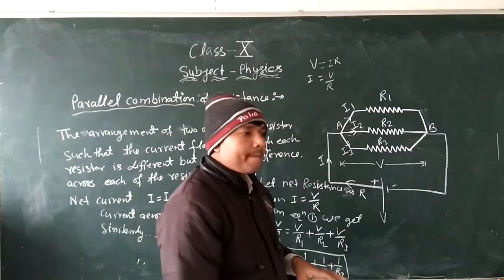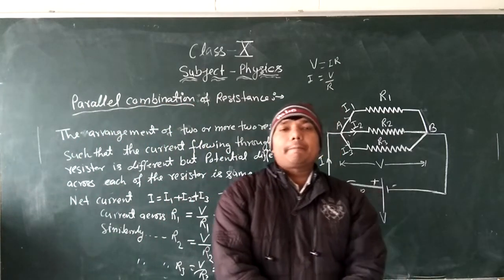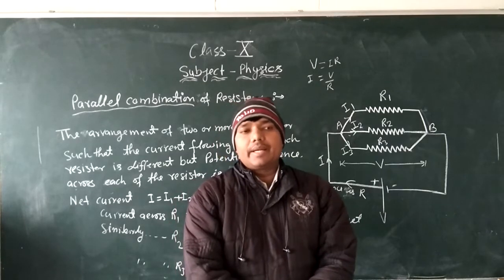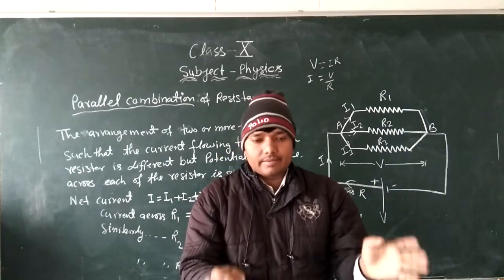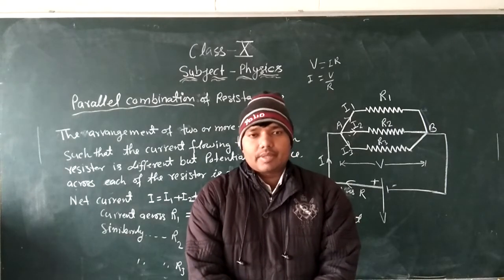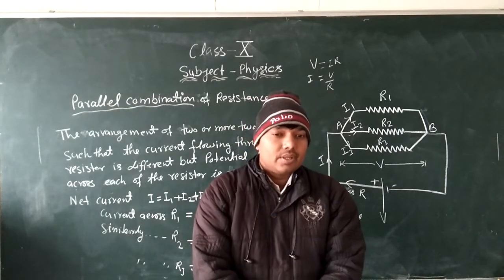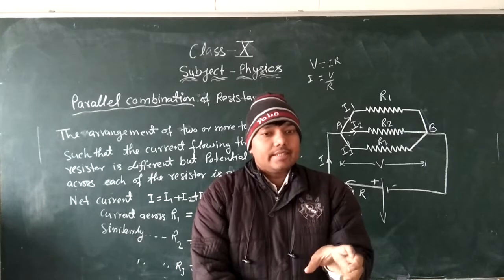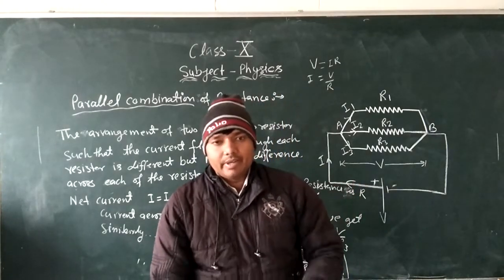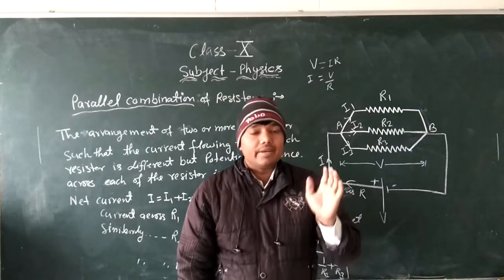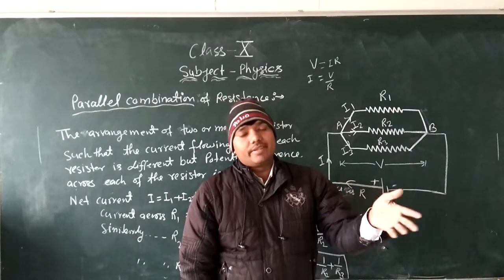If you are given two resistors which are in parallel combination, then their resultant is always between the given resistors, never below the lower resistance and never above the upper resistance.